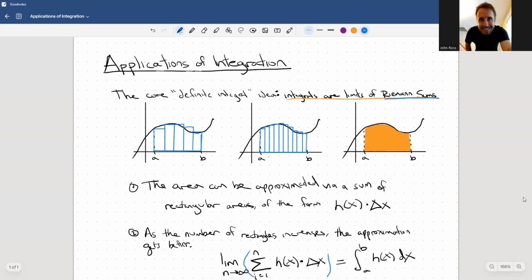And as we increase the number of rectangles, and that's this piece out front, this limit as n goes to infinity, if we add on more and more and more rectangles, each of which are skinnier and skinnier and skinnier, we get a better and better approximation. And as we continue this process, we end up getting the definite integral, and that's this object over here on the right.